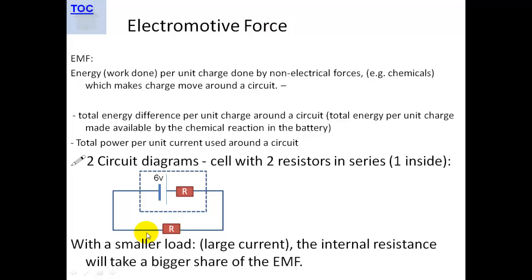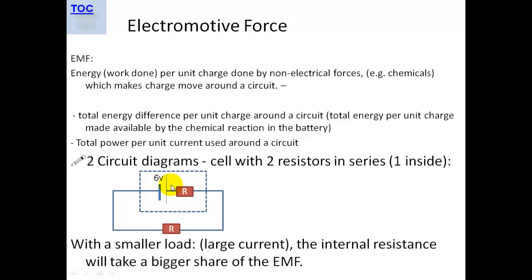So when you apply a voltmeter across the load, across the external resistor, you're only going to measure 3 volts. In other words, this battery is only able to supply 3 volts because 3 volts is lost inside because of the internal resistance. The EMF is the 6 volts.